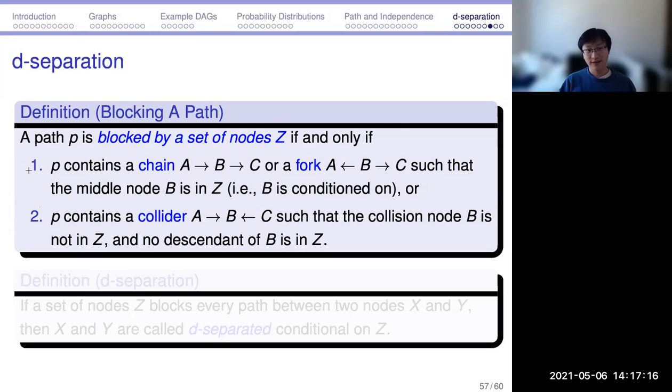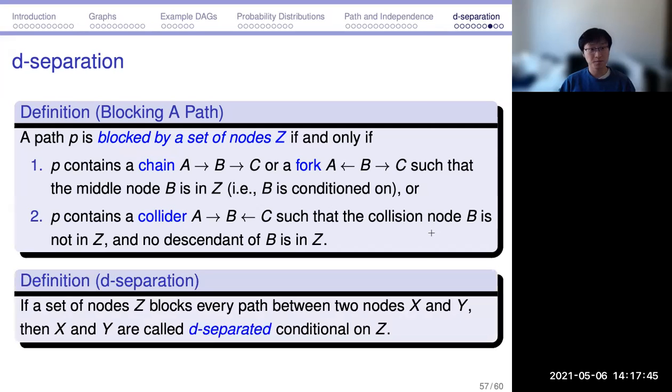So when either one or two is satisfied, then we say that this path is blocked by this set of variables Z. Right now, this may look a little bit complicated, but at least we have seen blocking for three special examples, so hopefully it's not too difficult to generalize to these situations. And we'll see specific examples shortly.